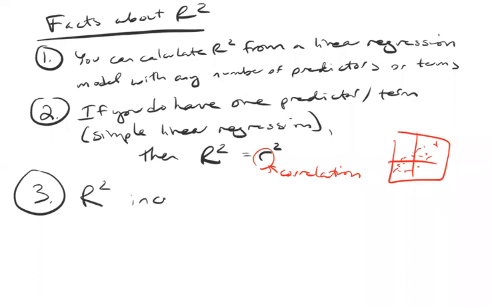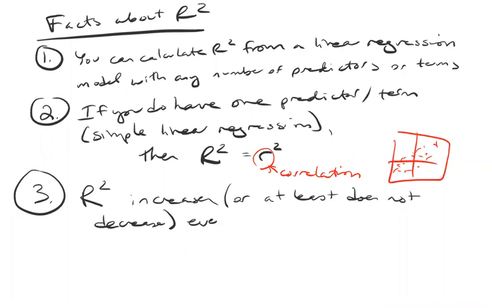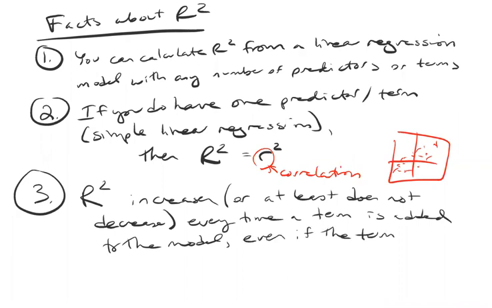R squared increases, or at least doesn't decrease, every time a term is added to the model, even if the term is not useful. So this is important, right?